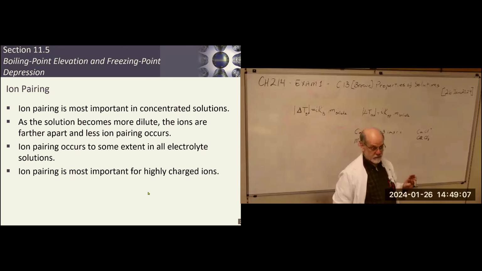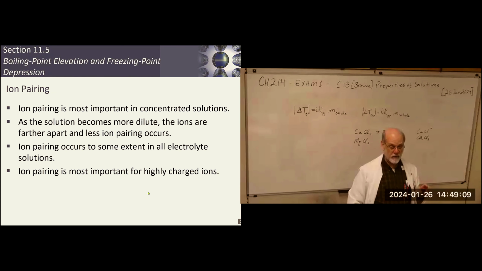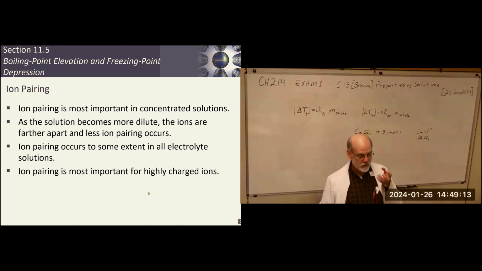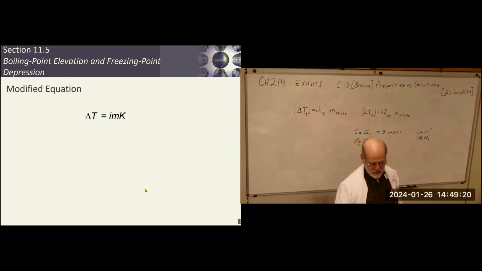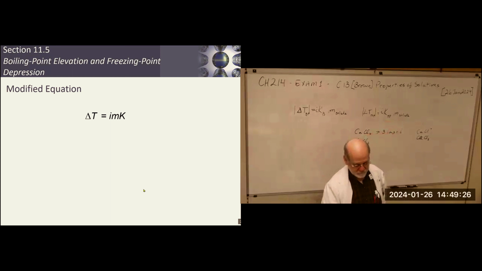Like aluminum chloride, the ion pairing probability would probably be very high because it's a small ion with a large charge on it. So there's your modified equation, and that works for either boiling point elevation or freezing point depression.